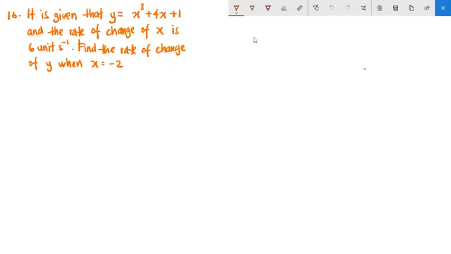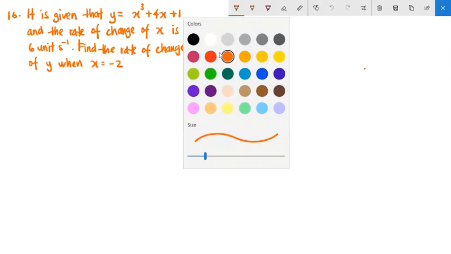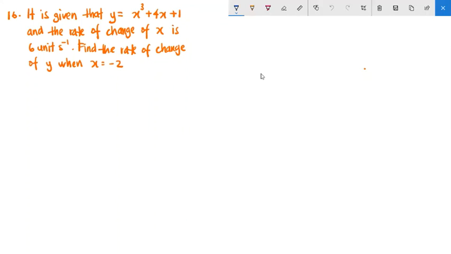Okay, so always, any subject yang ni soalan mesti keluarkan information. Okay, so this one given y is equal to x cubed plus 4x plus 1.